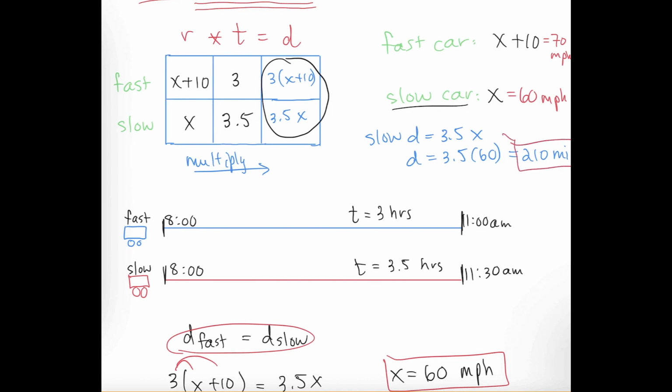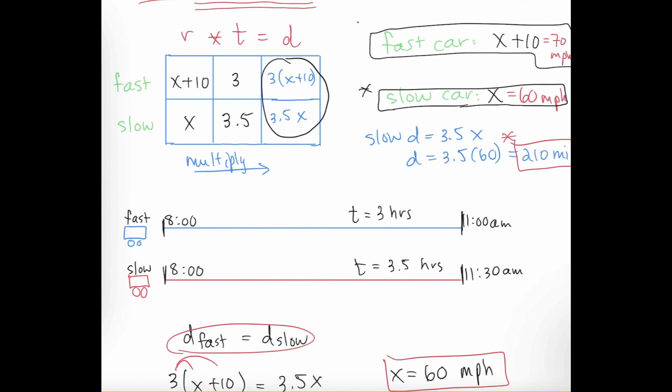So the total distance traveled by each car was 210 miles, and the speed of each car was 60 miles an hour for the slow car and 70 miles an hour for the fast car.